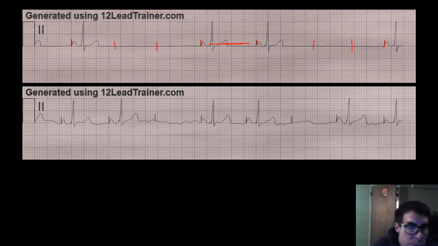So because we're not seeing anything, that'd be an atrial failure or malfunction. I'm just writing atrial pacer malfunction. On this bottom one, here are our pacer spikes.